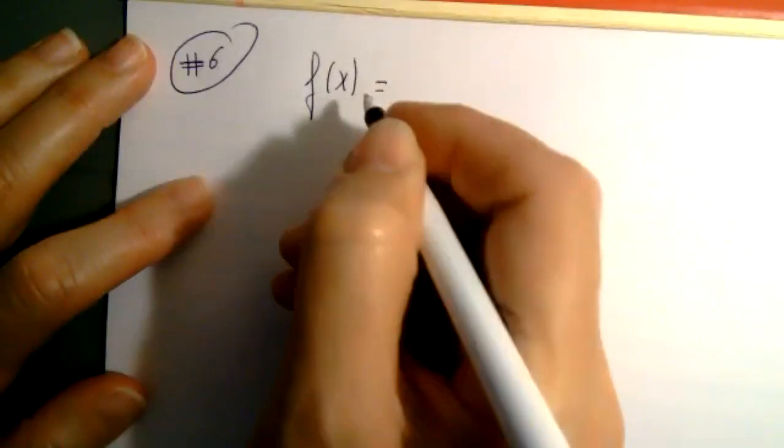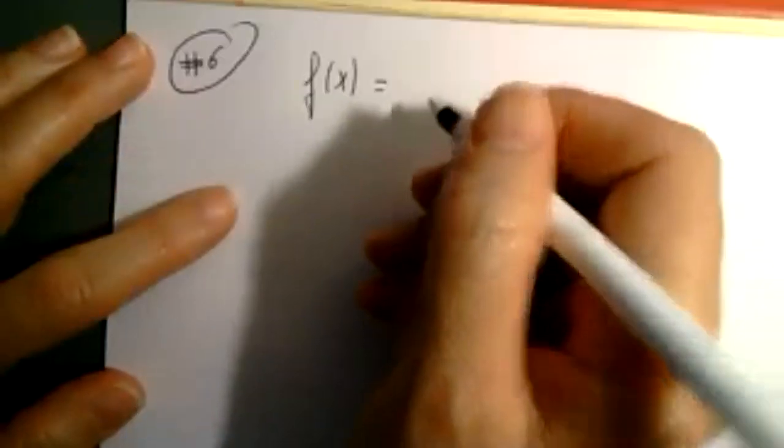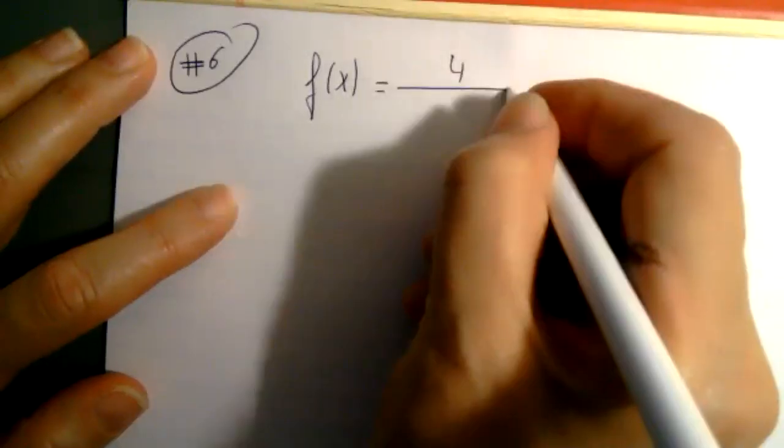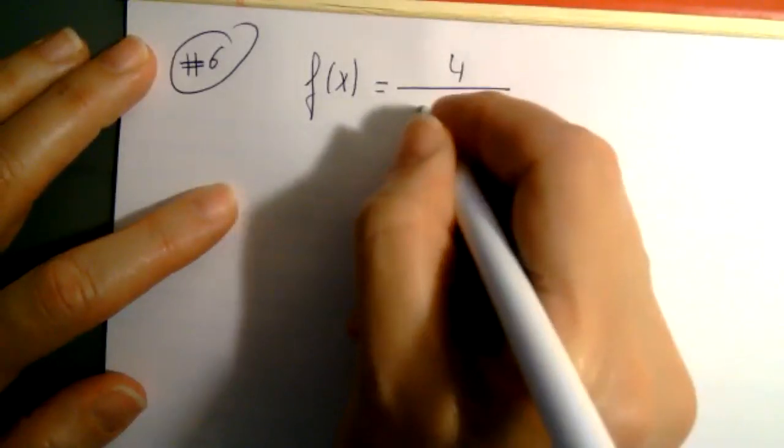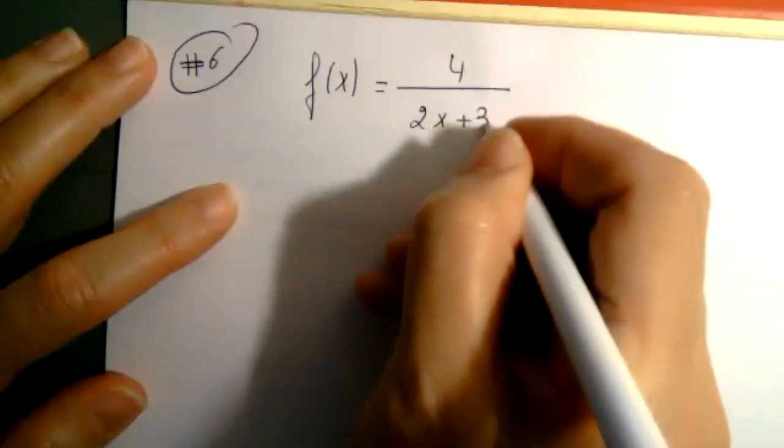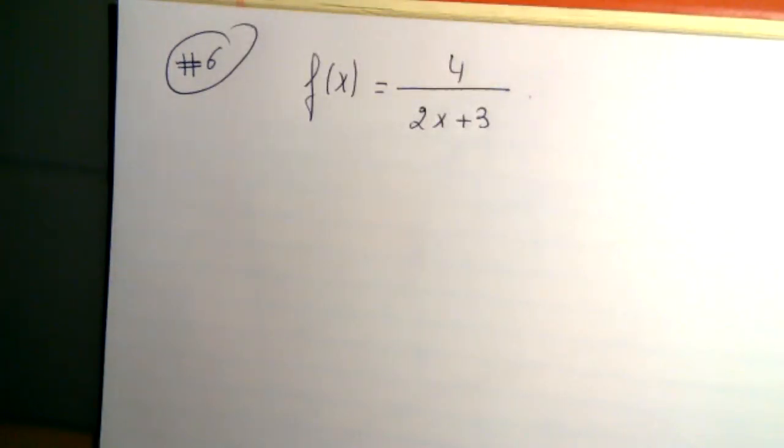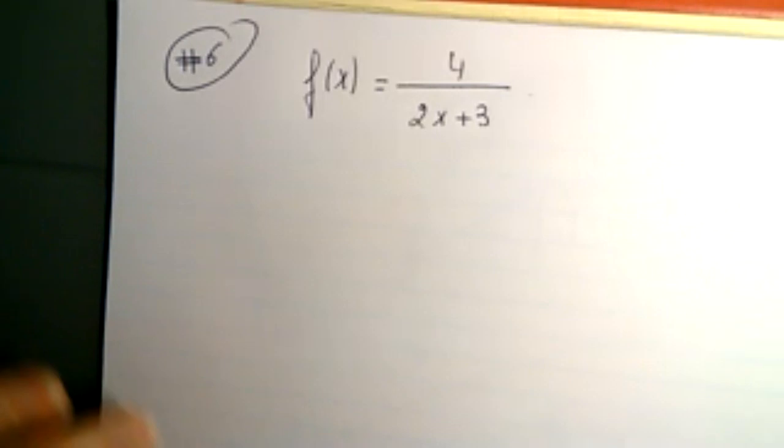Okay, so we have the following function, f of x equals 4 over 2x plus 3. And we want to write this as a power series in x.